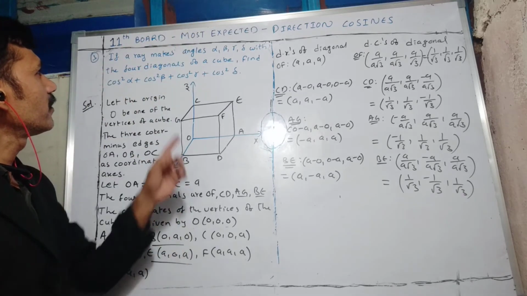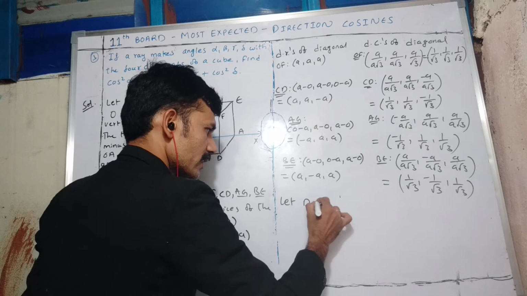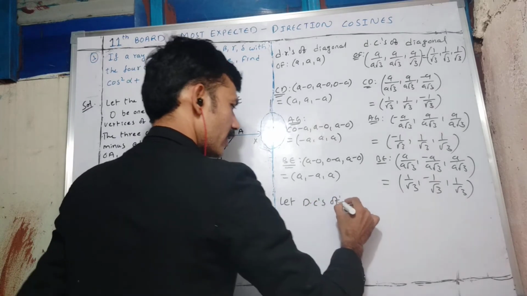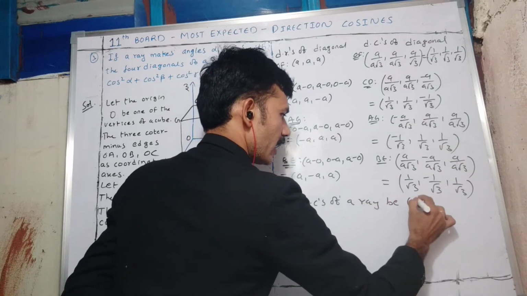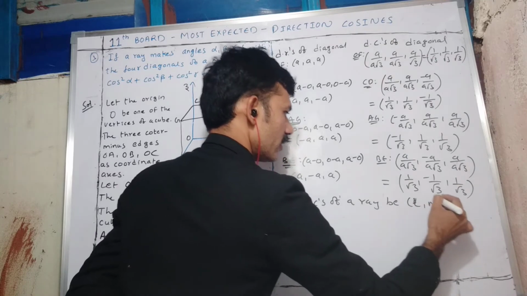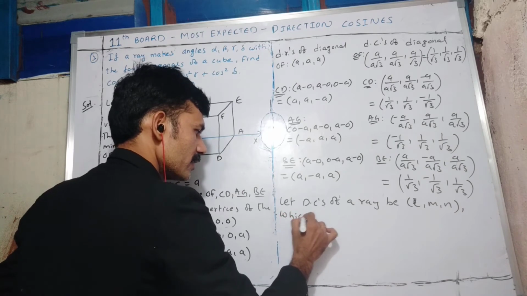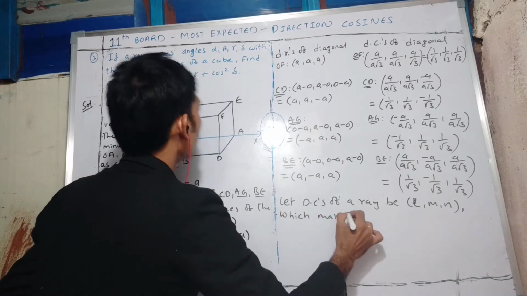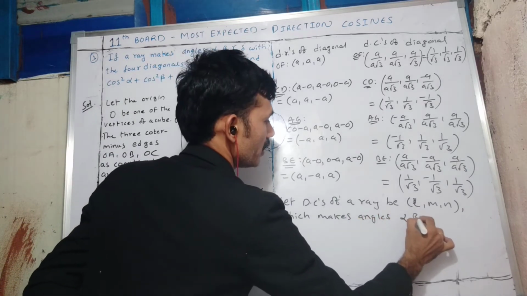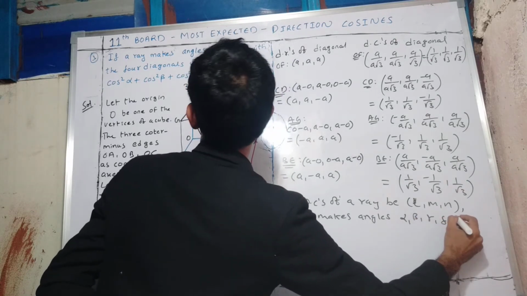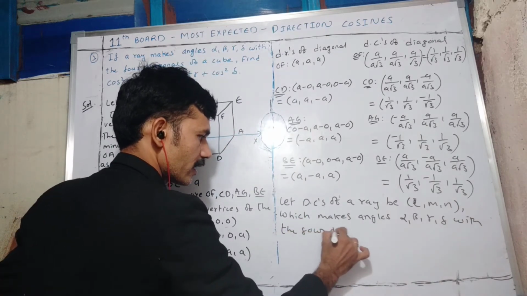What they have given? Some ray is there. Let the direction cosines of a ray be L, M, N, and this ray makes angles alpha, beta, gamma and delta with the four diagonals.